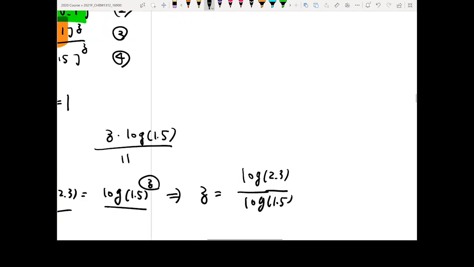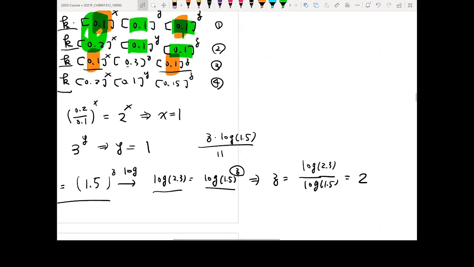Once you do these calculations, you get a number of 2. For your x and y, it's easy, right? Because it's first order, it's easy to see. But for your z, sometimes it's challenging. You should really know how to operate these things on your calculator.